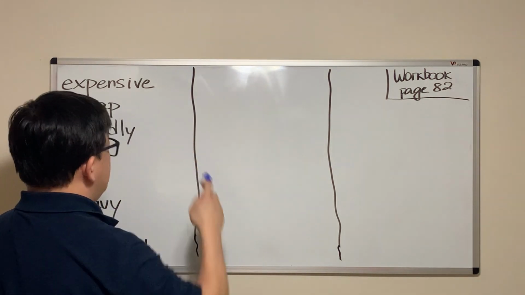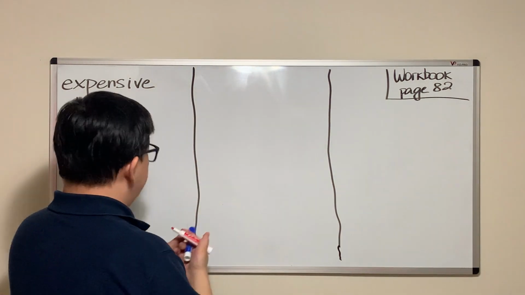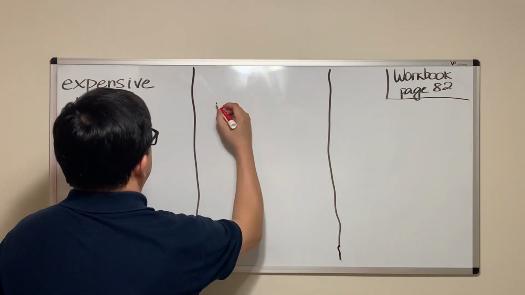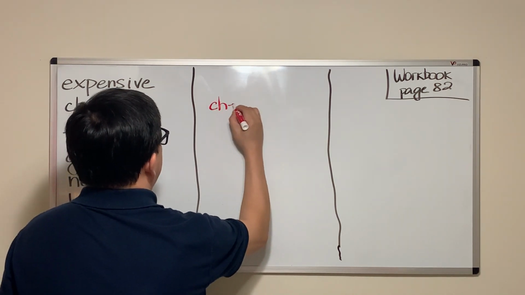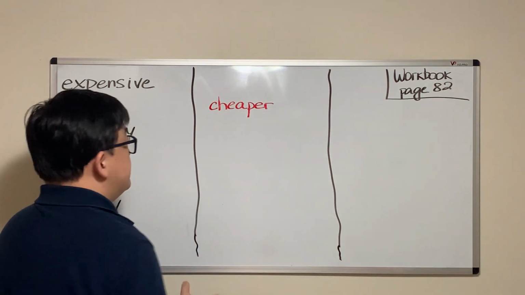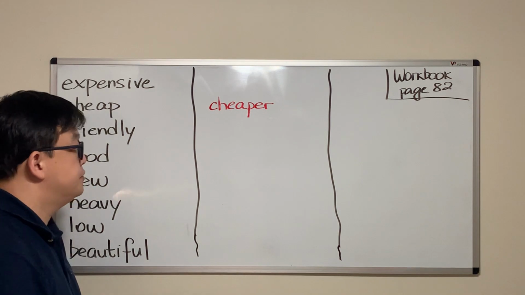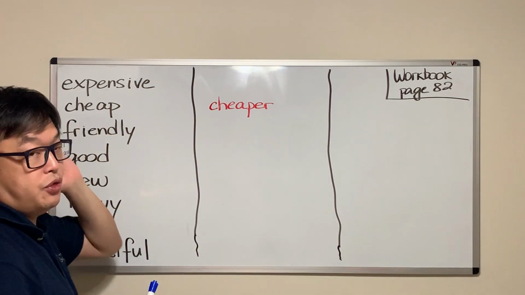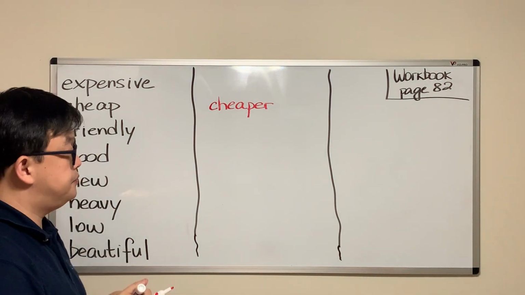Let's begin with cheap. What is the comparative of cheap? The comparative of cheap is you add the ER, cheaper. Very good. Cheaper. You don't have to double the last consonant because it's not a three-letter word. Okay?